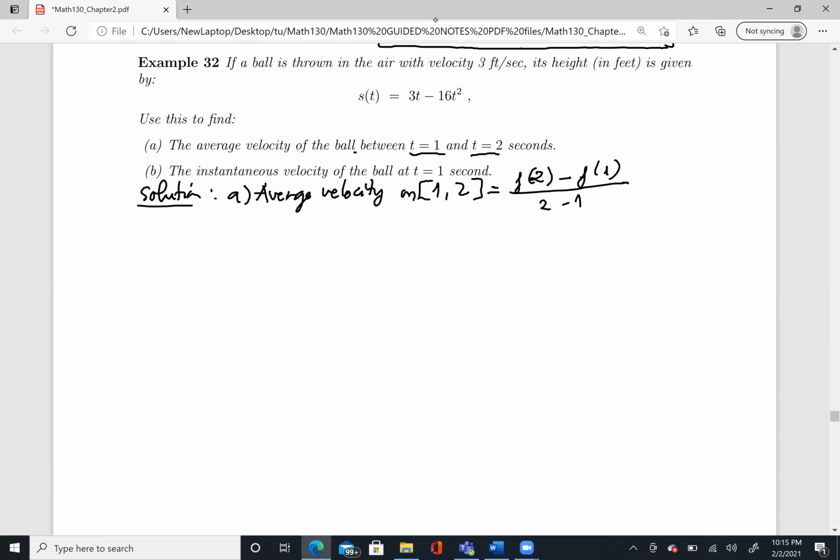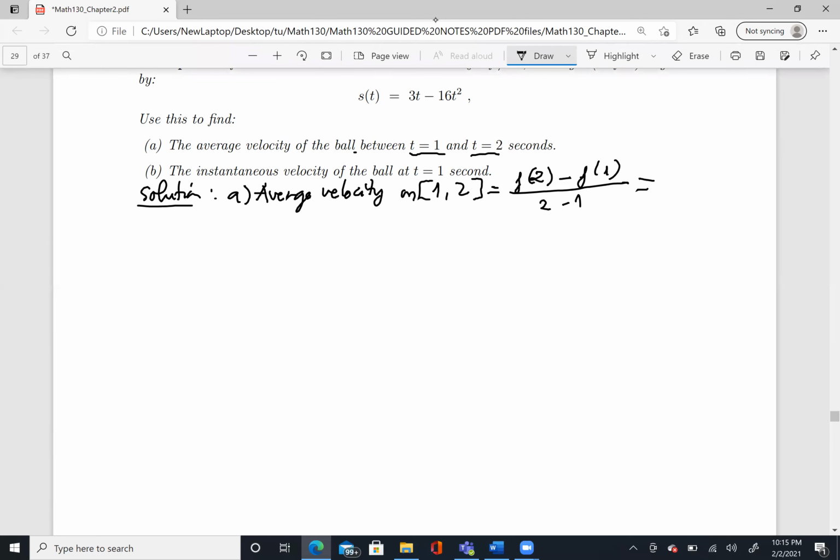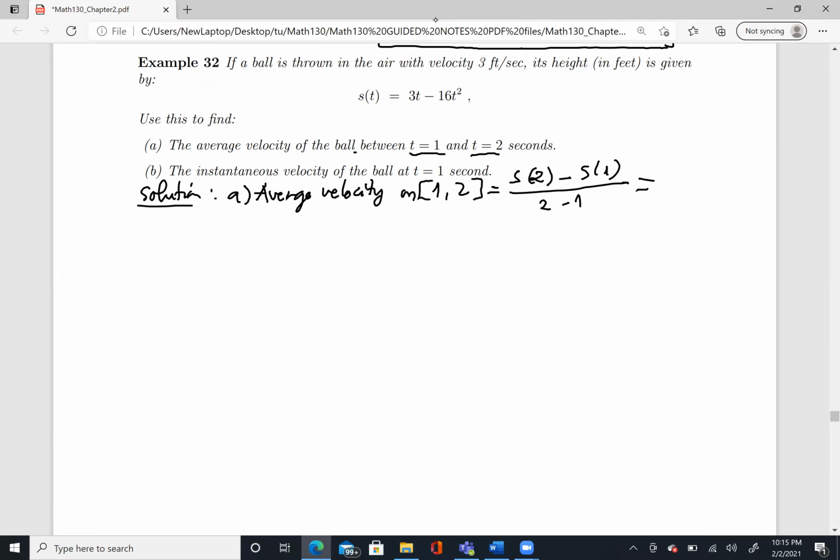Actually, I should change it, because here we are talking about s, so I'm going to use s instead of f.